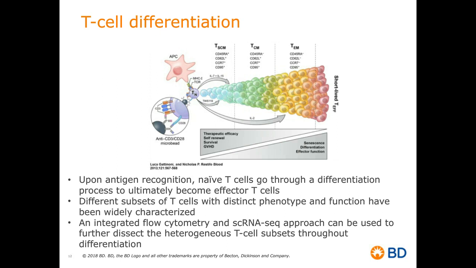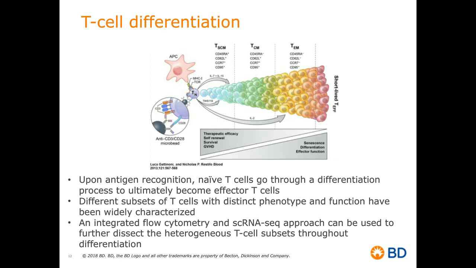But throughout the process of differentiation, these cells will go through different stages. And they are now being divided into stem cell memory, central memory, and effector memory cells with unique immunophenotypic and functional features.